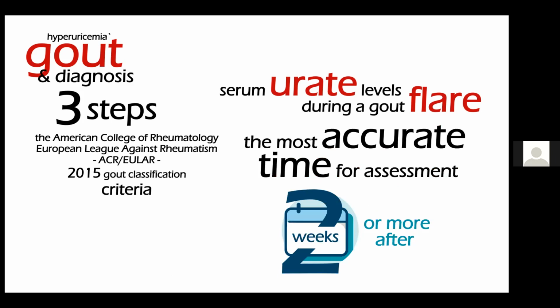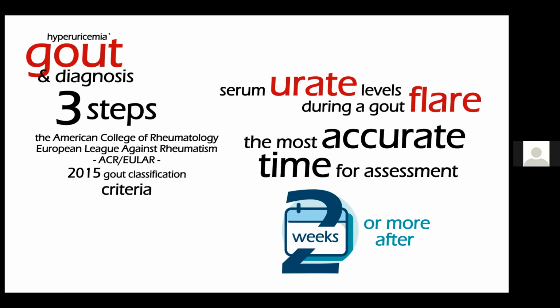So whenever the patient comes and we want to pull blood, remember that up to 1 in 4 patients going through a flare might have normal to low serum uric level.